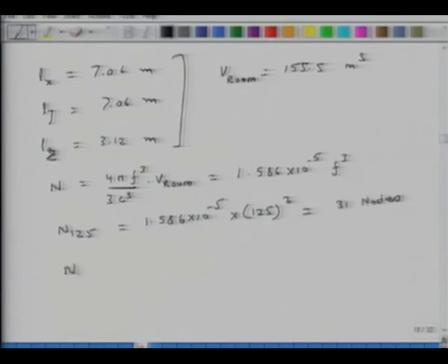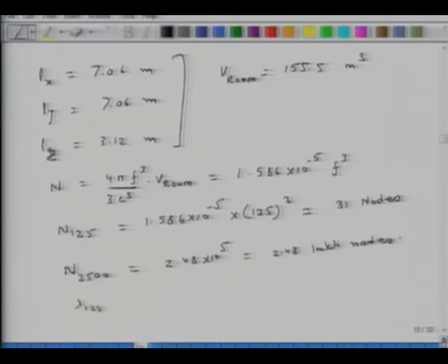And for 2500, basically I can just multiply this by 8000 and I'll get the same number, right? So it's about 2.48 times 10 to the power 5, equals 2.48 lakh modes, or 248,000.